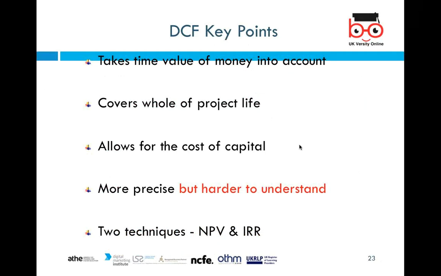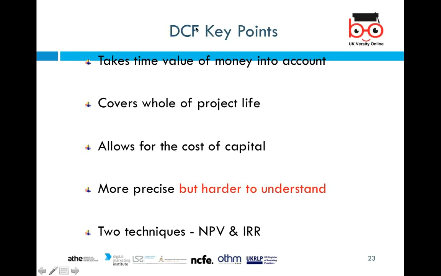So the key points of discounting cash flow: because we are discounting the cash flow, it takes the time value of money into account, which is very important because time has a value. It covers the whole of the project's life, and it allows for the cost of capital in the calculation.